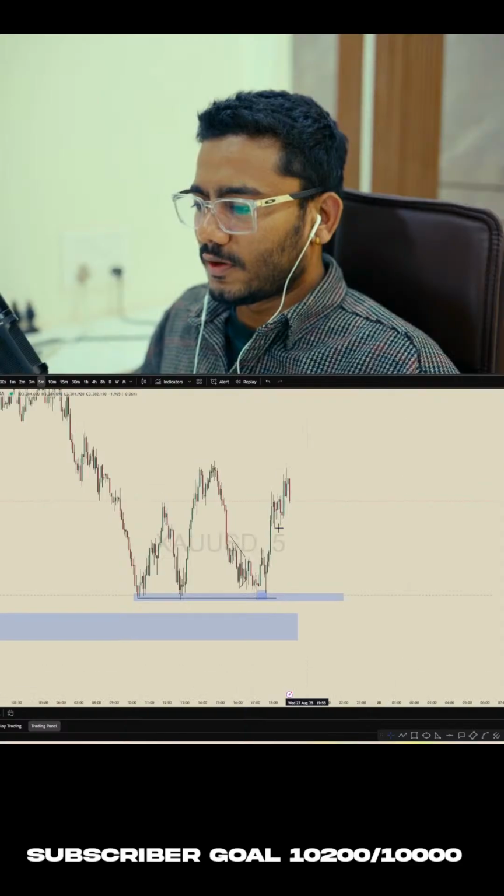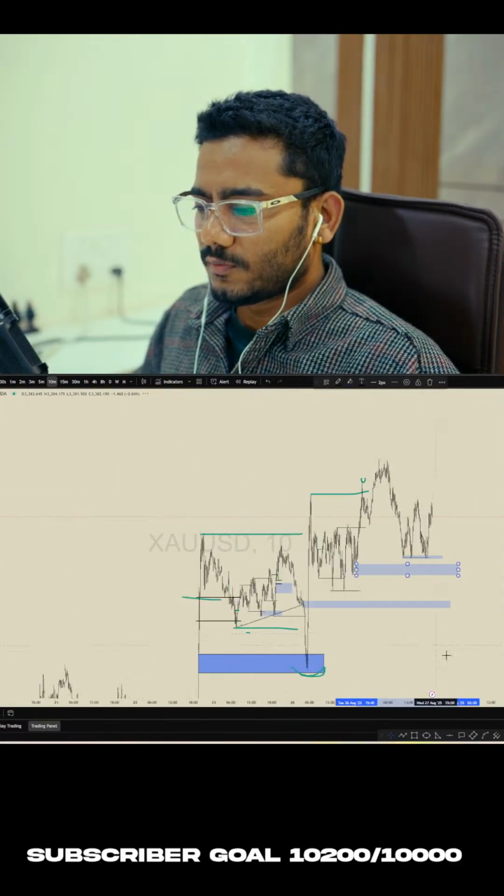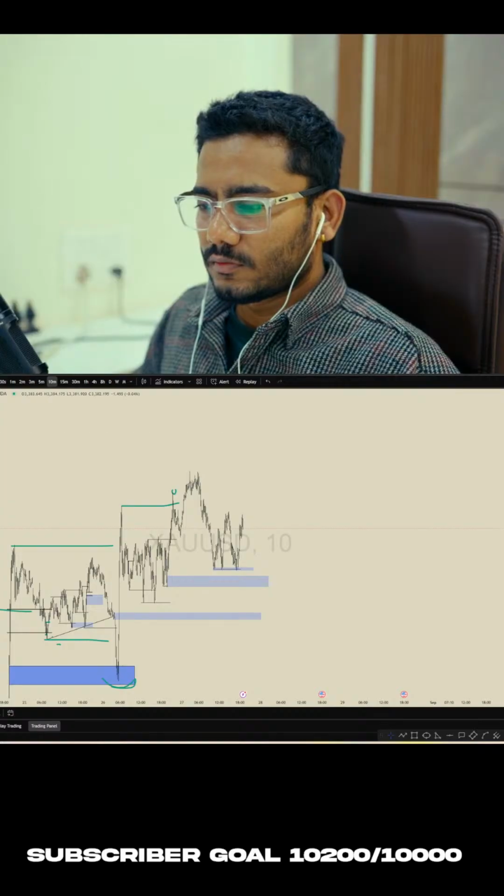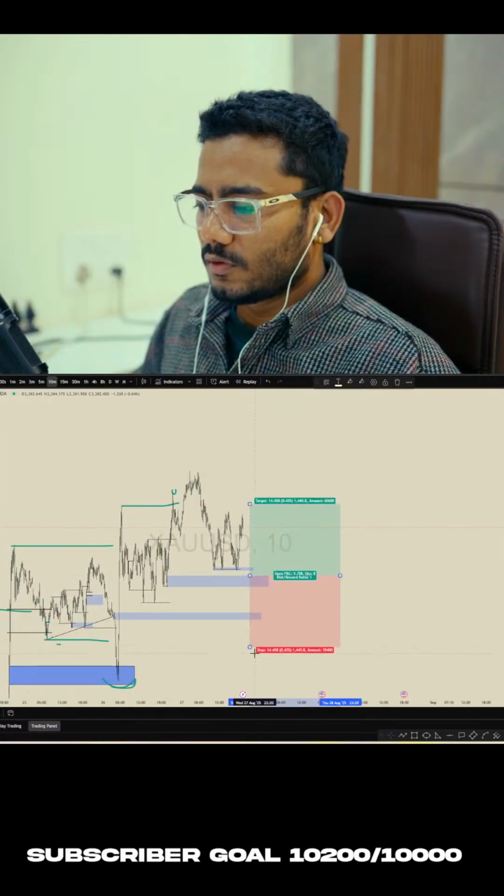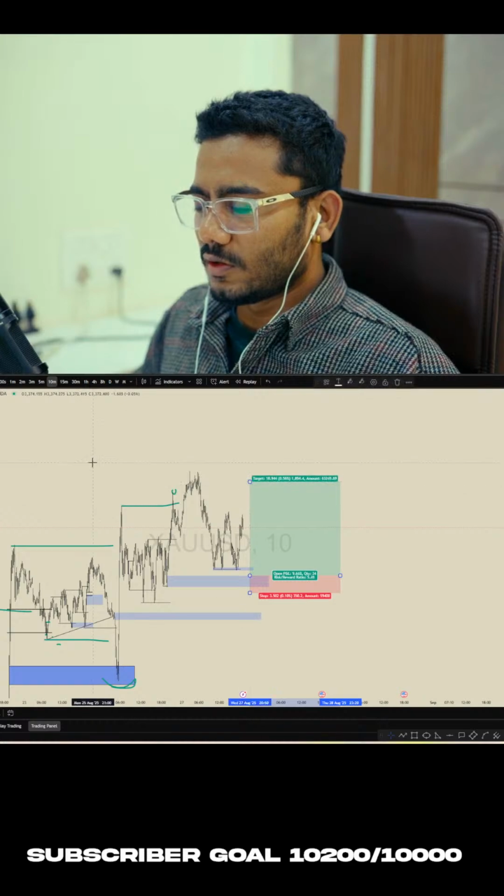So let's wait for price to come to this area, then we can look for a buy side entry from here. Stop loss below this low, and we can target the next high, the next liquidity.